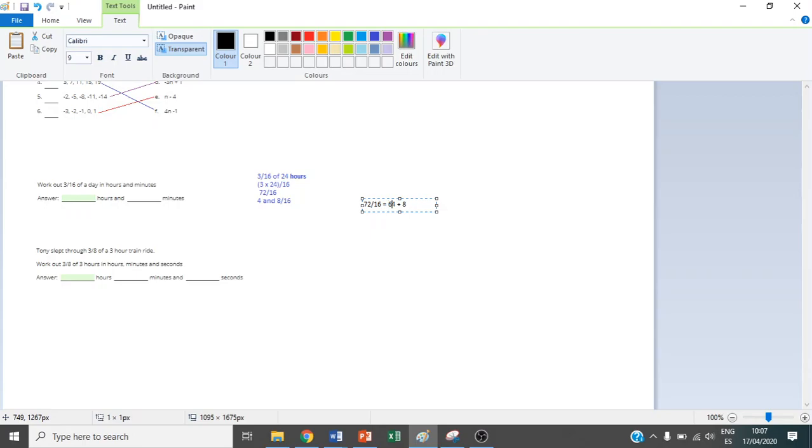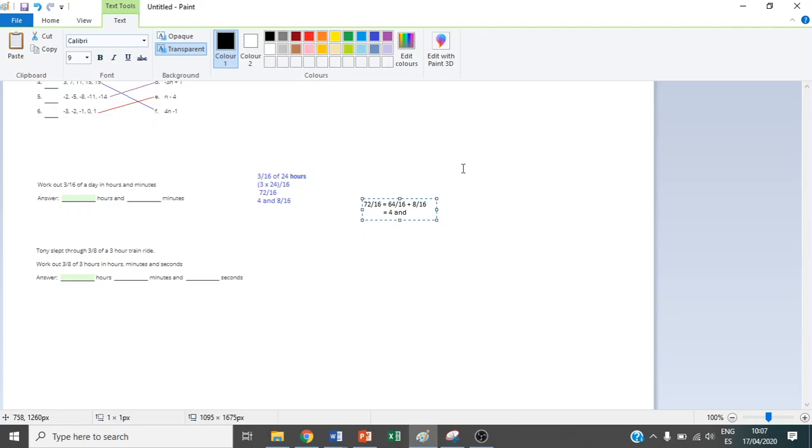But I can do 64 divided by 16, and that's exactly 4. I can't do 8 divided by 16 because 8 is smaller than 16. So I leave that as a mixed number. That is 4 and 8/16.